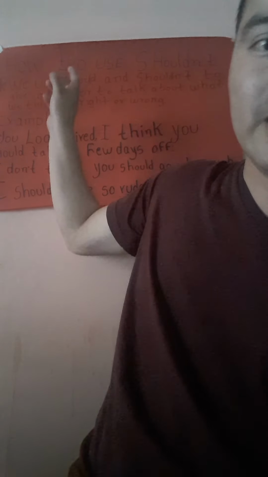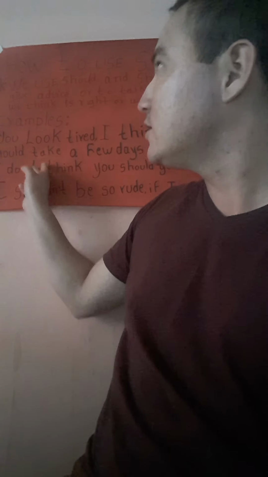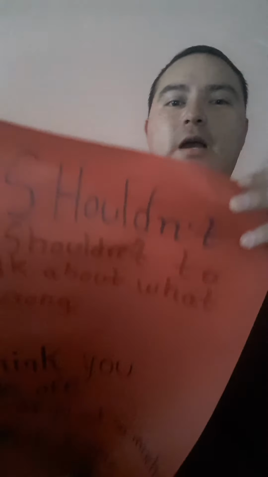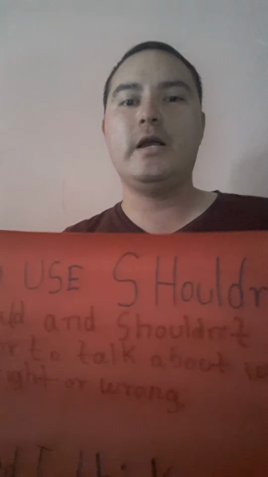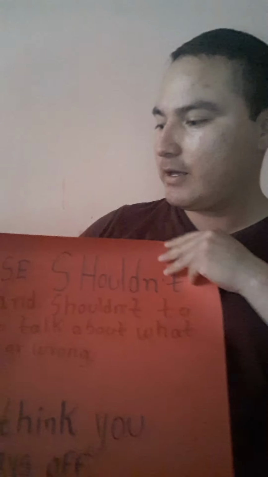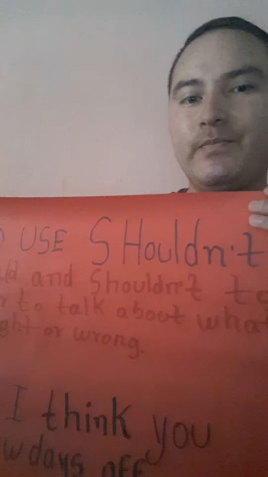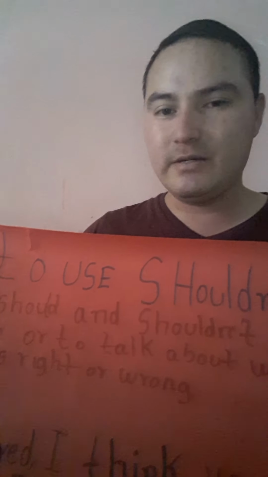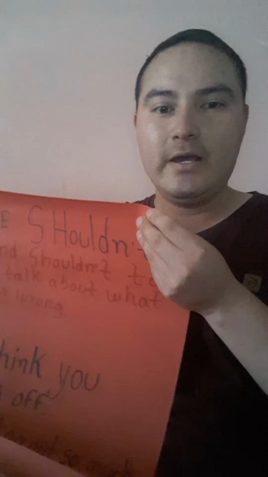It's very interesting because I used a flip chart to show the students how to use should and shouldn't. The way I chose this material is very interesting for the students.